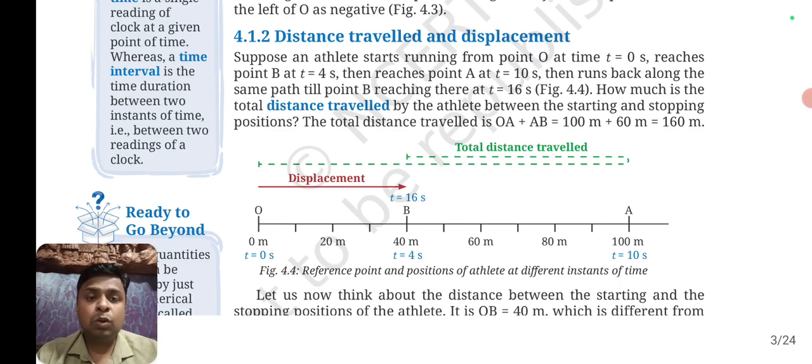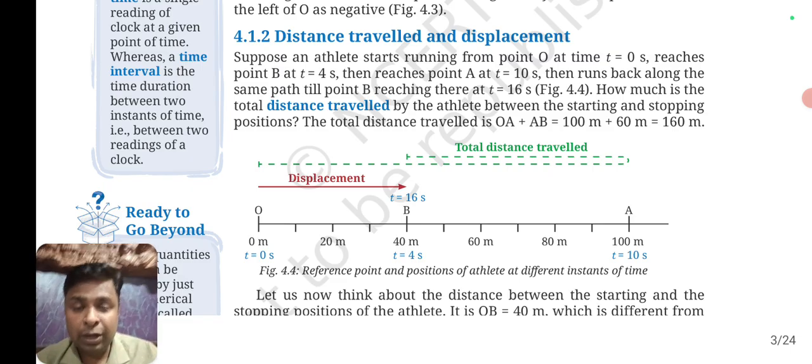You start from O, you go to A, then you come back to B. The time is given to us, so you have to find the total distance. How will you find it? You will count from O till A and add from A to B in the reverse direction. So add all of that. That will give you the total distance.